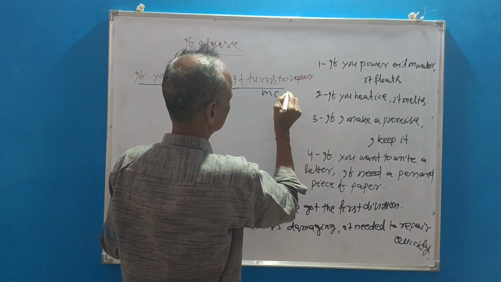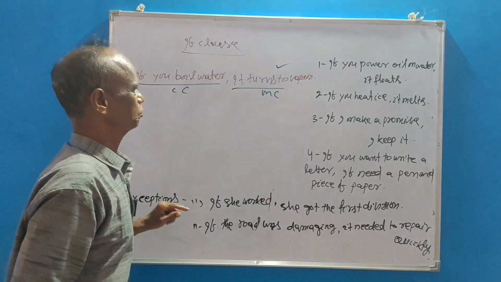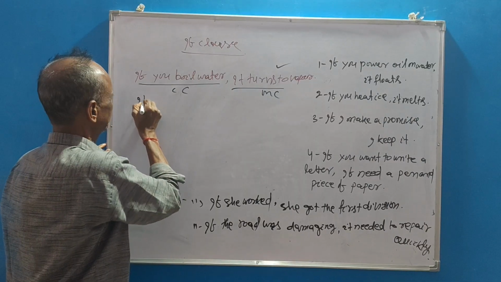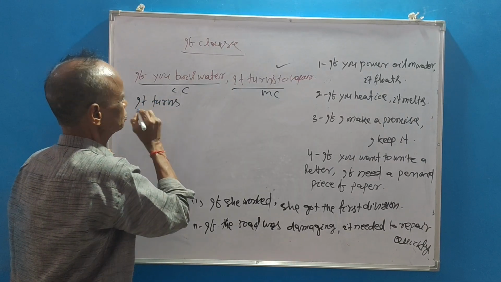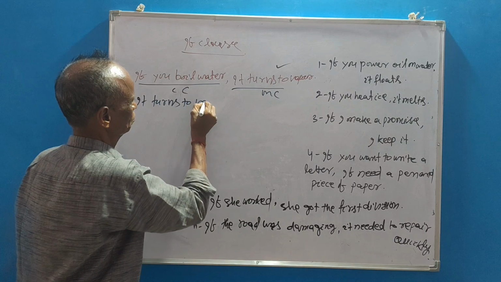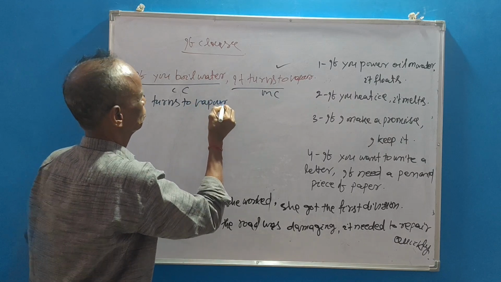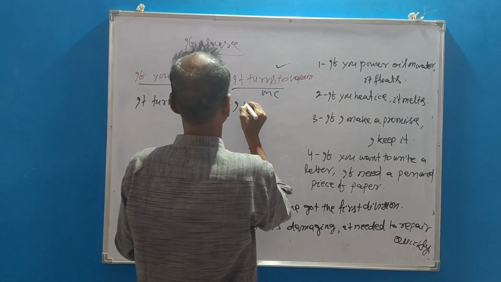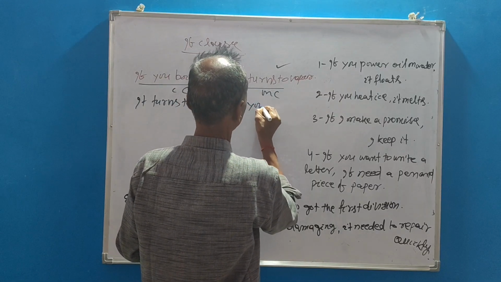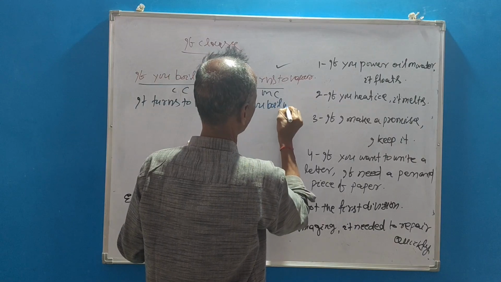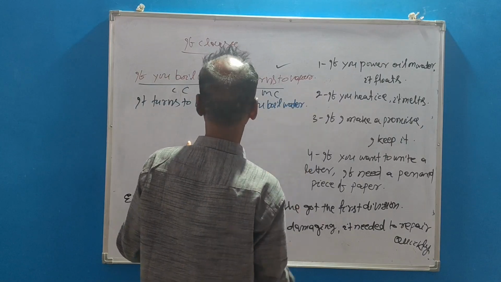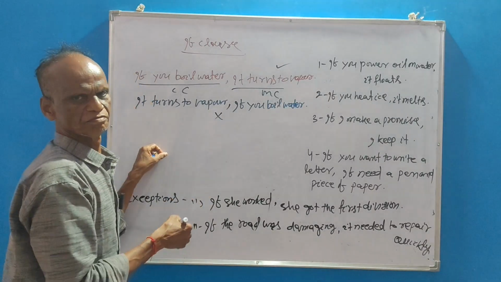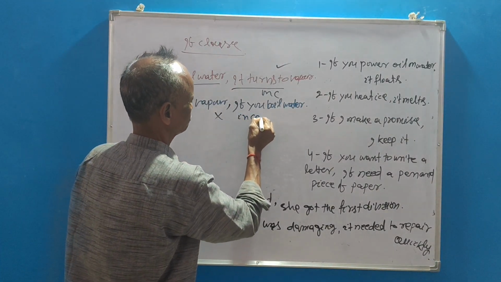It is main clause. It is correct. But if we write, if you boil water, it turns to vapor, it is wrong, incorrect.